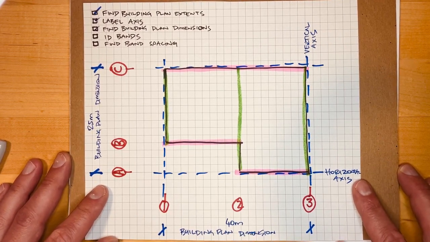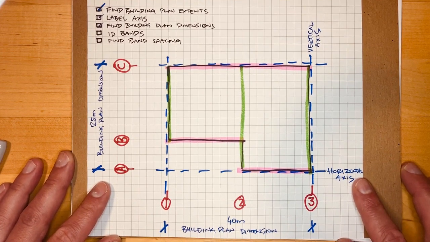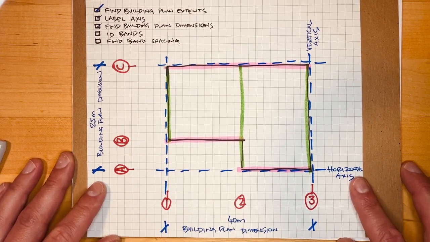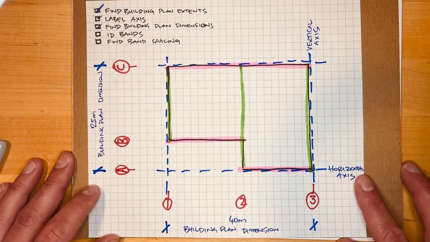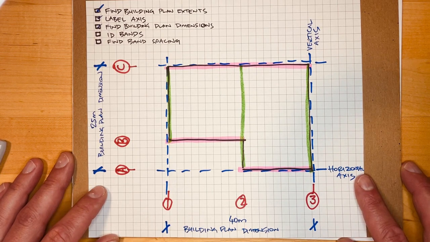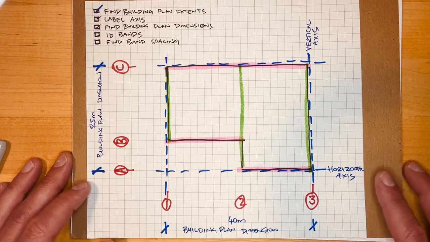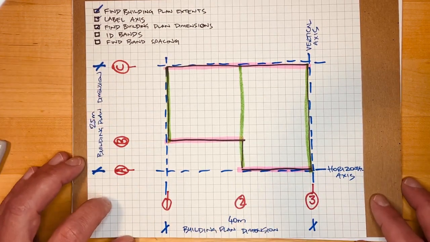When we're considering forces on a building due to earthquake, we need to consider the length of a building that is parallel to a band, and particularly when we're considering the amount of bracing in that band, we need to understand the building plan dimension parallel to that band. And so this relationship is important.